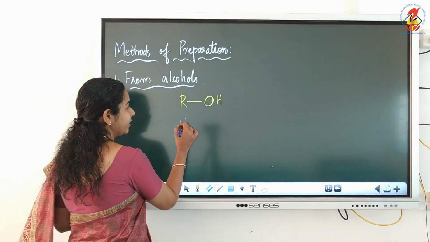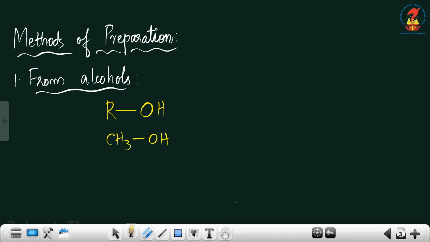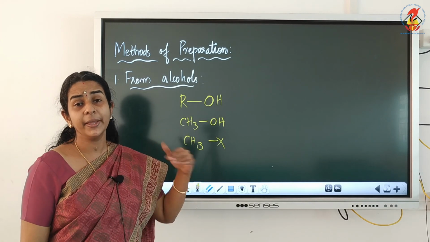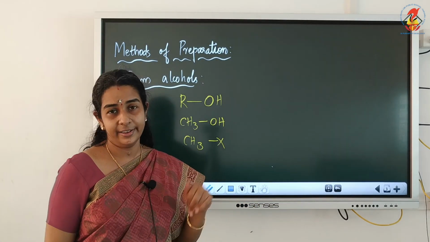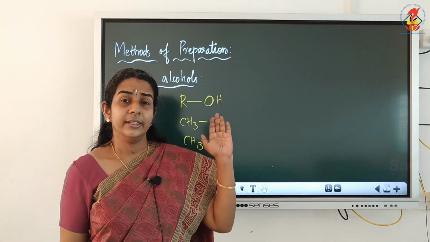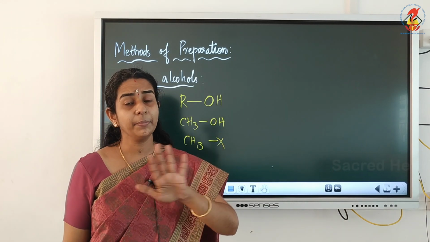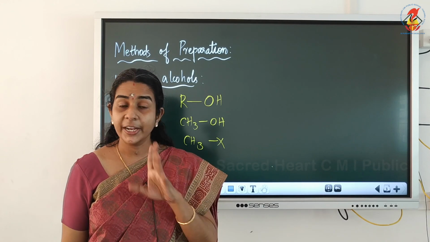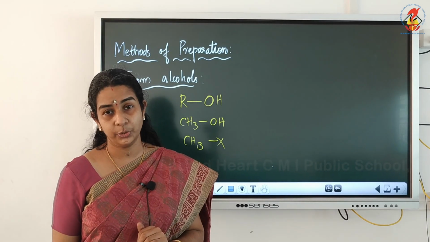For example, CH3OH is an alcohol, so from this we can prepare only CH3X. From alcohols, we can prepare only alkyl halides. So first we are dealing with the preparation methods of alkyl halides only.